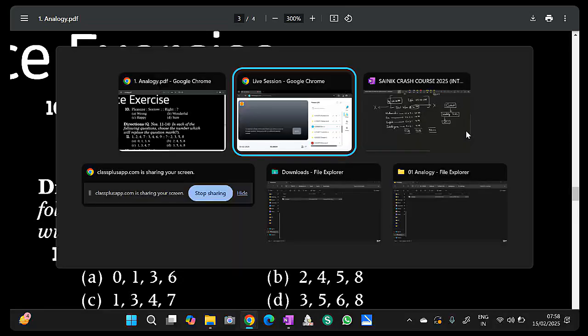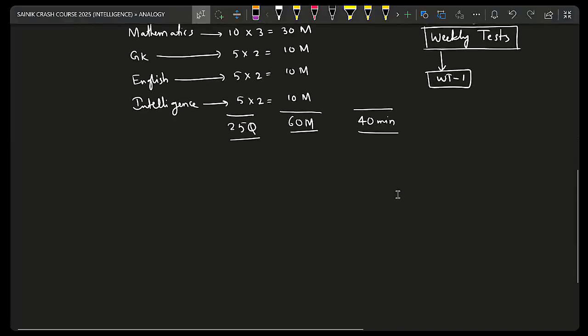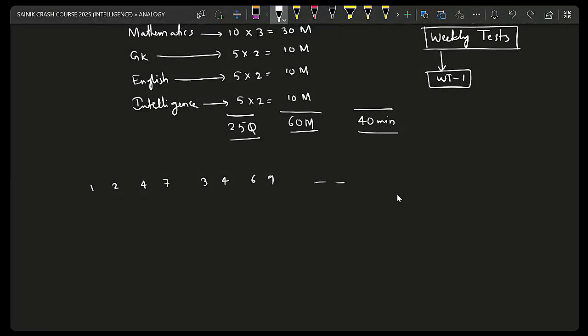Wait a minute, I'll copy the question here. The question says 1, 2, 4, 7, 3, 4, 6, 9, and the relation they're asking between 2, 3, 5, 8. Okay, Sanvi, what is the relation between them?